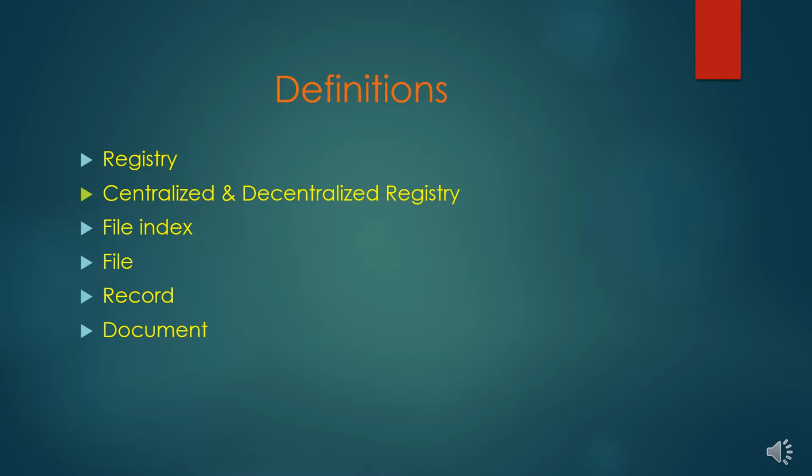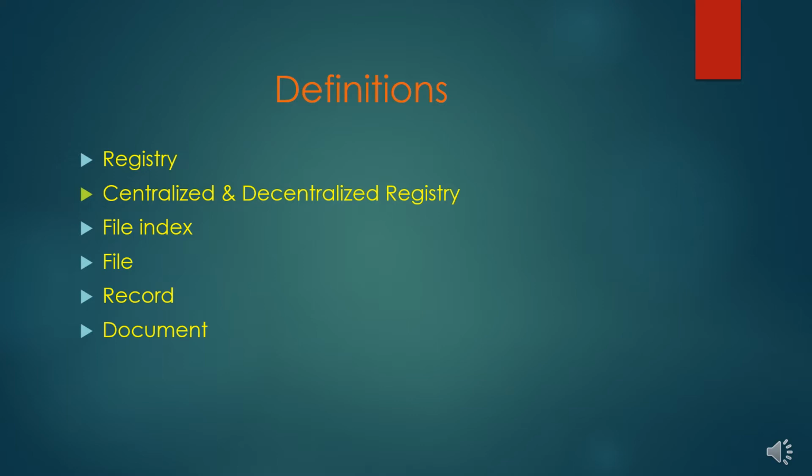In a centralized registry, a company has only one record storage office, that is a registry, where information management or record management is controlled from. You will realize that a company that has all the operations under one building, mostly all departments are under the same building. So it is easy to control the flow of information within the same building from all departments. You have understood that one.